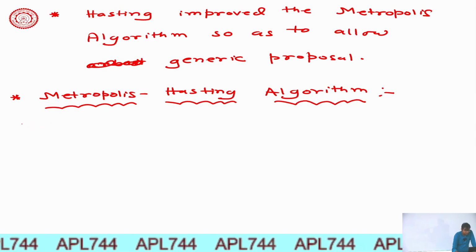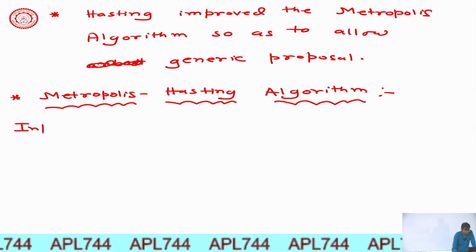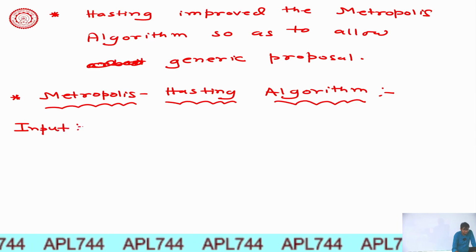So, input. What were the inputs of the Metropolis algorithm? Can you remind me? What were the inputs? Proposal, okay, which is Q, and the length of the chain N, right?